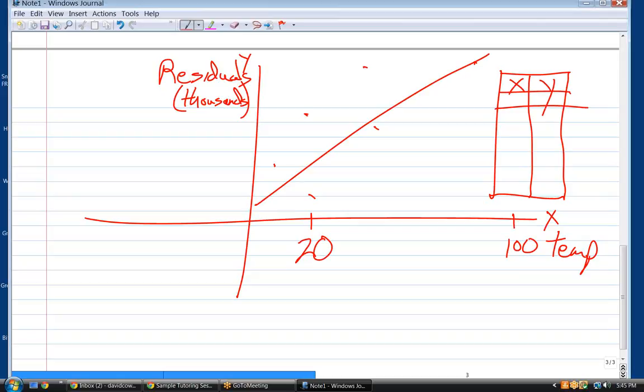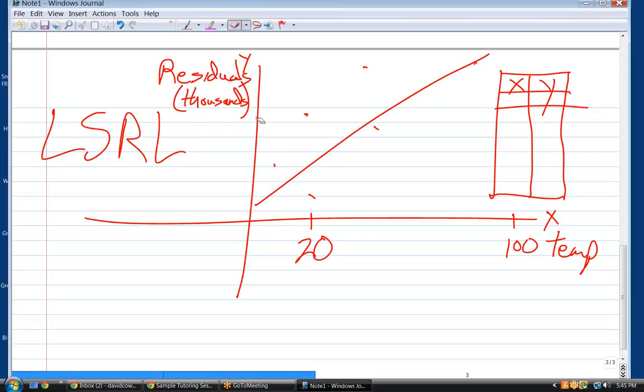And that's the LSRL, the least squares regression line. Yeah, that's what it is.